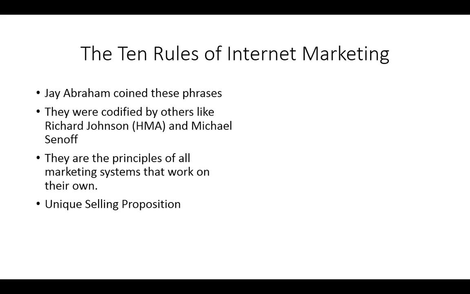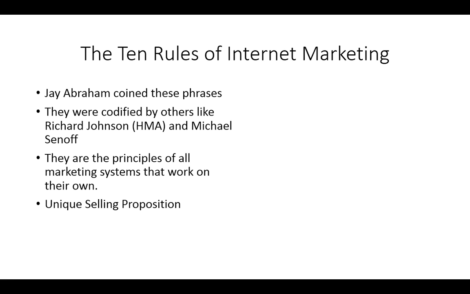Now, the first aspect that we want to talk about, you may have heard before, is called unique selling proposition. It basically means, what is it that your product or your service, your brand does that someone cannot get elsewhere? So for every product, when you bring it to market, it should have something that people cannot get elsewhere, if you want it to sell quickly and effectively.